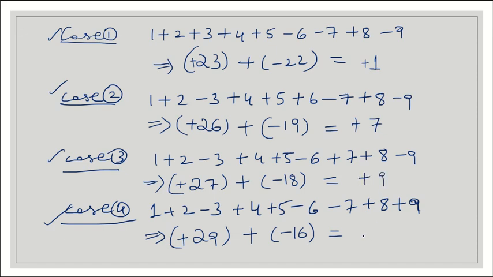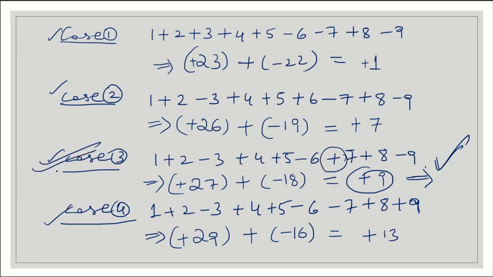Here I will have plus 13. I am looking for plus 9. That means this is the right answer. So I have to place a plus sign in front of 7 instead of the minus sign. So case 3 is the right answer.